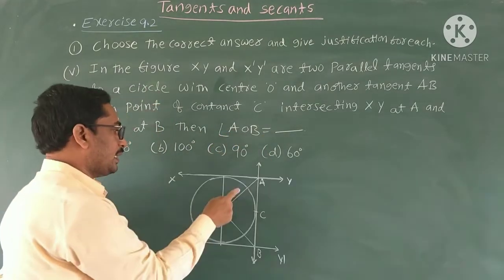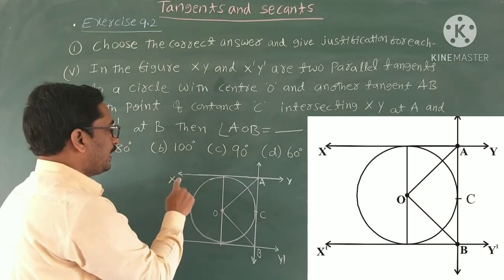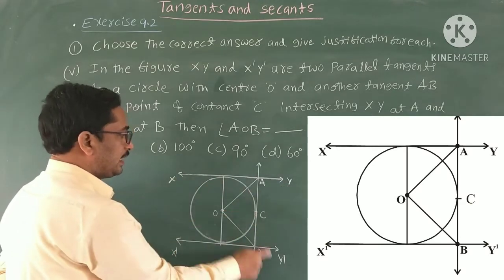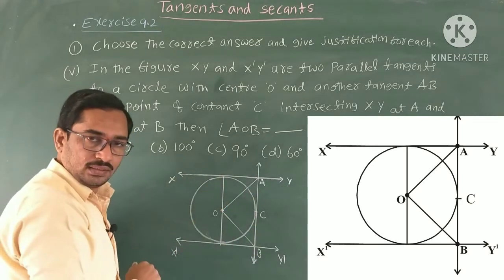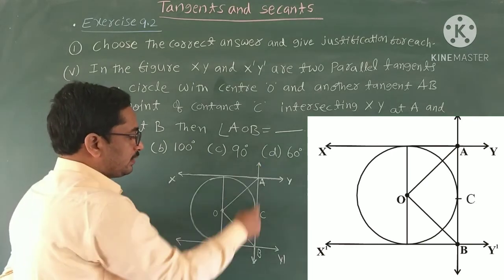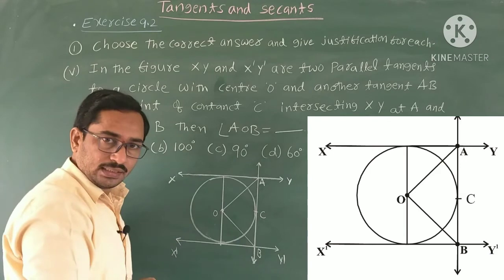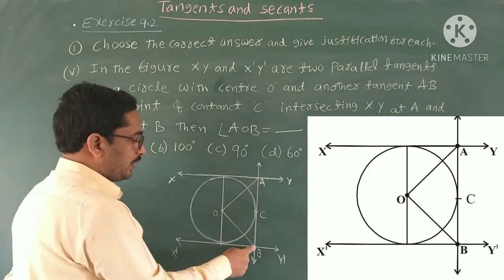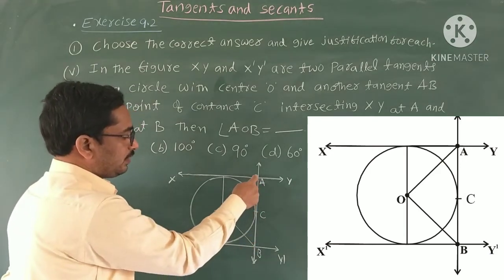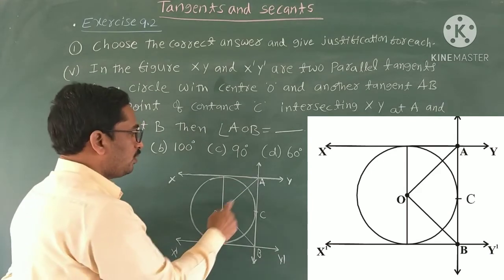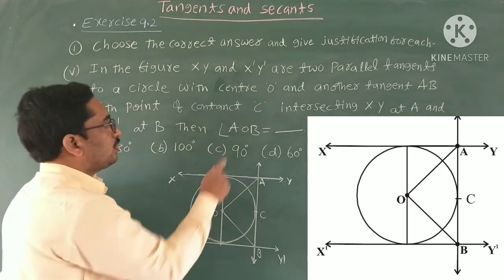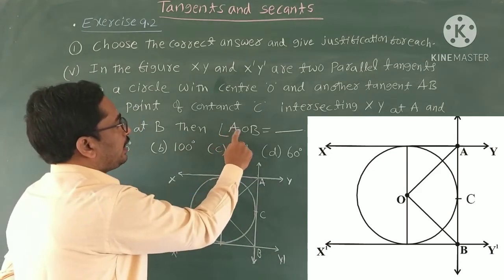See the question in the diagram. For the circle, XY and X'Y' are the two tangents, and one more tangent AB touches the circle only at point C. A and B are the two points of intersection of these tangents, with OA and OB drawn. So, what is the angle AOB?